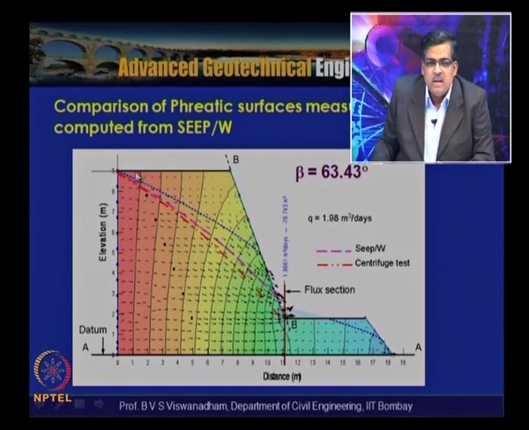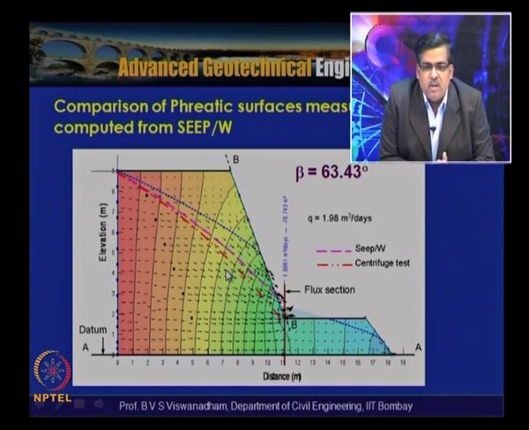What you can see is the result of the CPS analysis with the water at this level, and this is the phreatic surface measured from this height to this height, and with CPW what is obtained is this, and from the experimental investigation what is obtained is this much. This is found to be consistent, and you can see that both CPW and this are found to be in order.